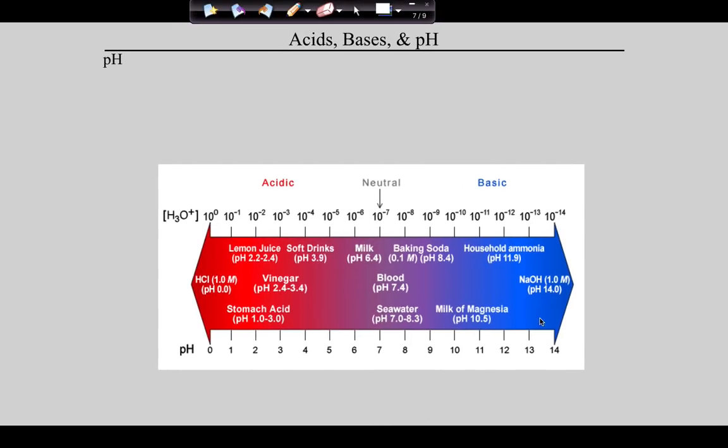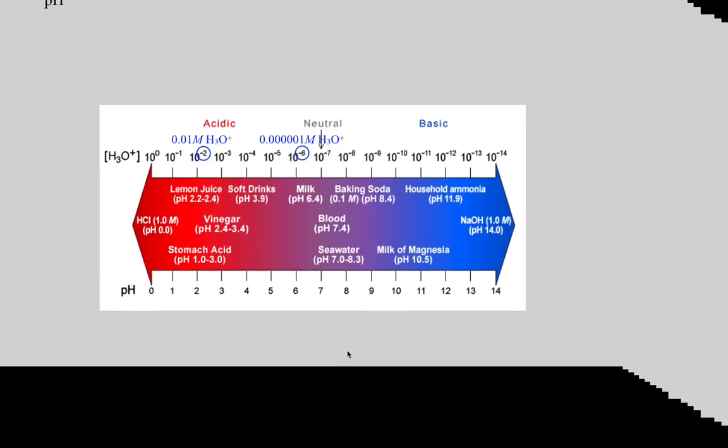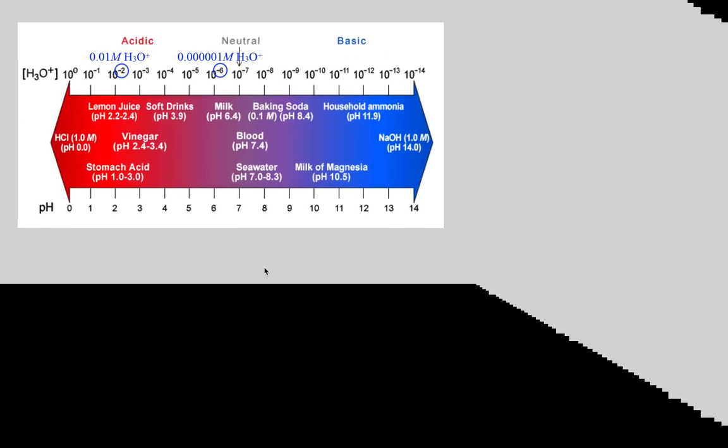So look at what this does. It creates a relationship between pH and hydronium ion. So pH 2, hydronium ion at 10 to the negative second. If we go down here to pH 6, that would be a hydronium ion concentration of 10 to the negative 6th. But look what happens when we write this out. 10 to the negative 6 is 0.00001.